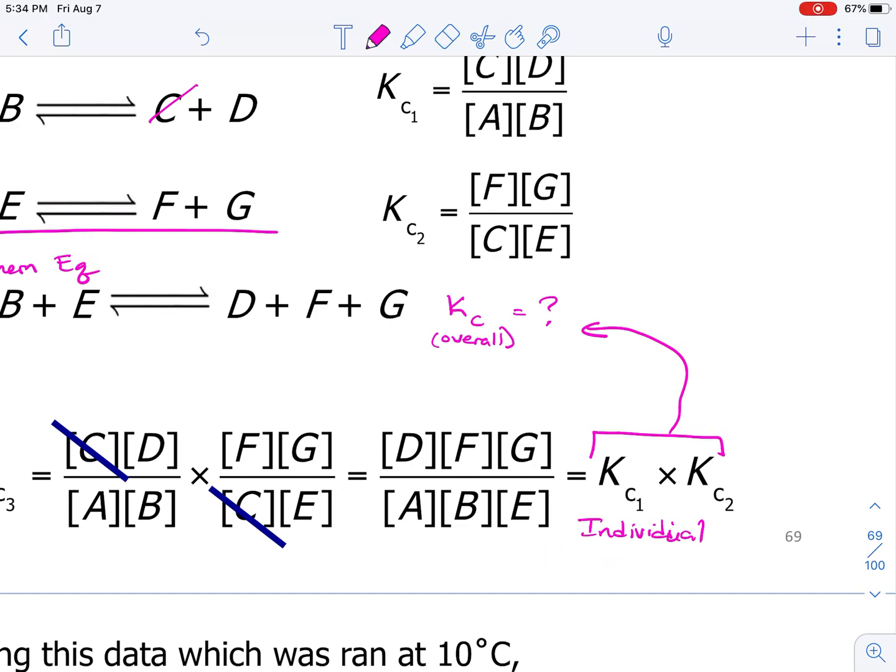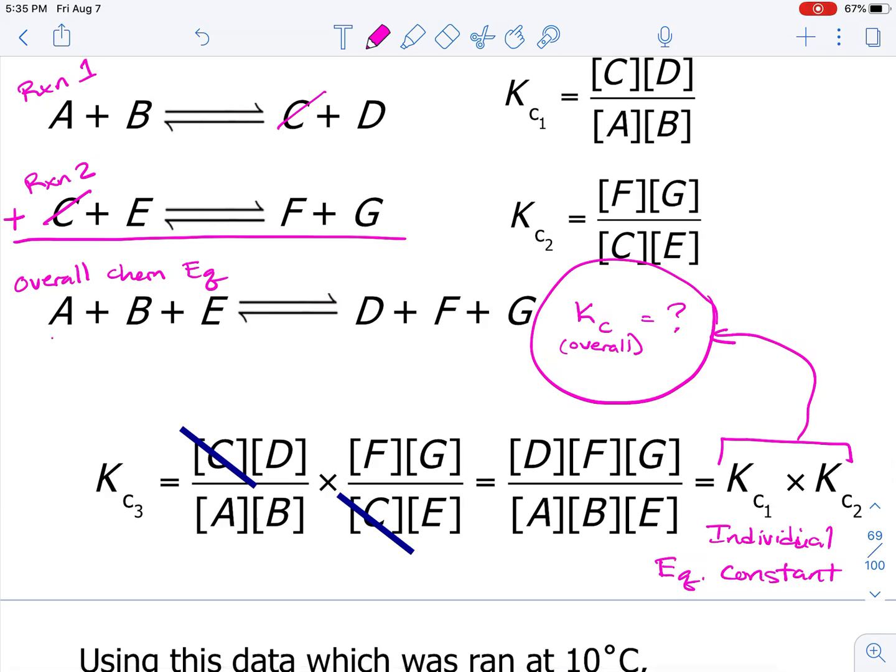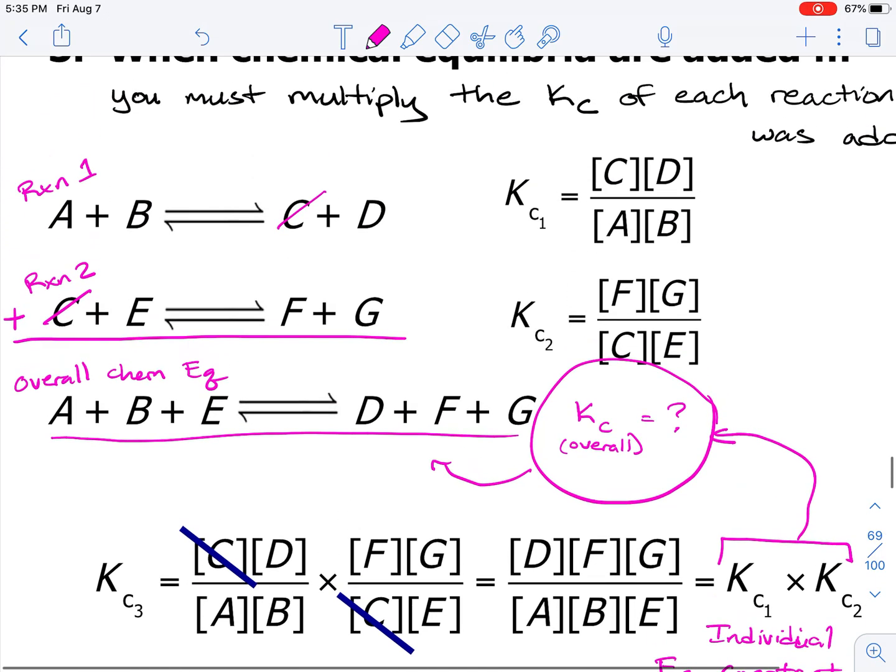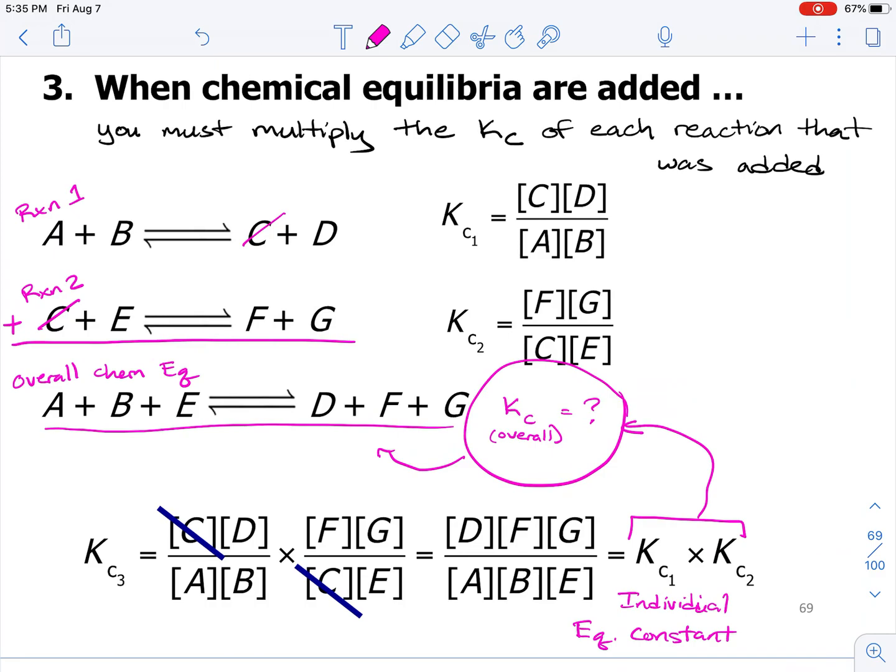Equilibrium constant, I apologize. Too many K's here. The individual equilibrium constants. So the product of the individual equilibrium constants is going to give us the overall equilibrium constant that reflects this overall chemical equation. All right, so we now have all of the tools that we need to do some practice problems.